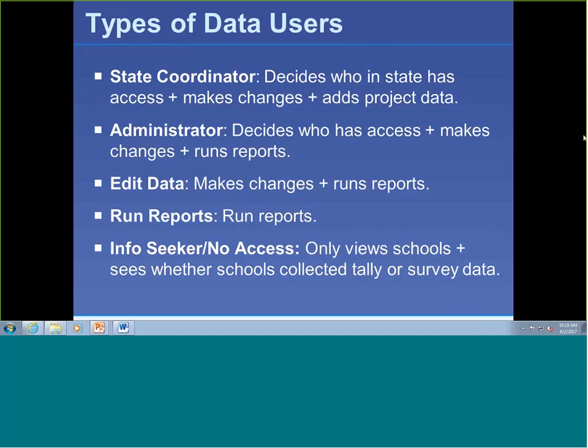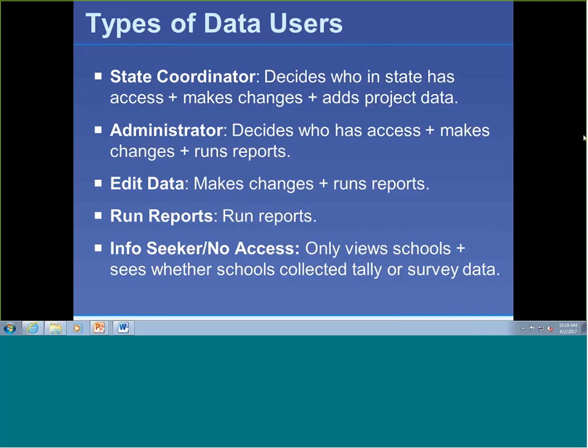And then it goes down to edit data, run reports. Basically, if you're an administrator, you can just assign certain levels of access to people, how much you want them to be able to play around with the data. And running reports is good if you have people that are just interested in the reporting side. So the nice reports that you can develop after you've inputted the parent surveys and the student travel tallies.